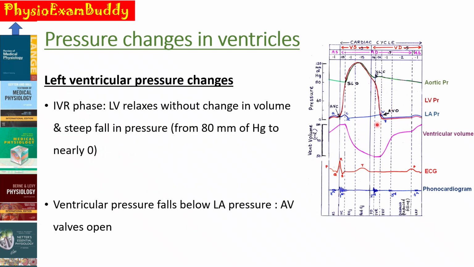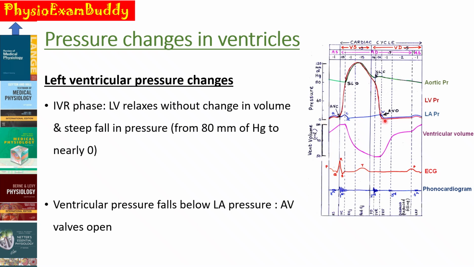And the protodiastole is followed by the isovolumetric relaxation phase. And in this isovolumetric relaxation phase, you can see here that the left ventricle relaxes without any change in the volume, and there is a steep fall in the pressure from about 80 millimeters of mercury to nearly 0 millimeters of mercury.